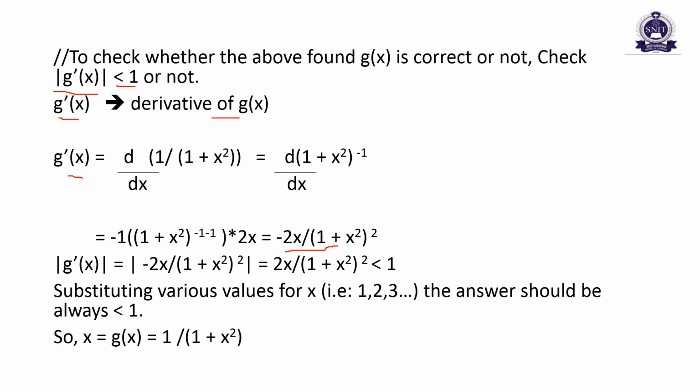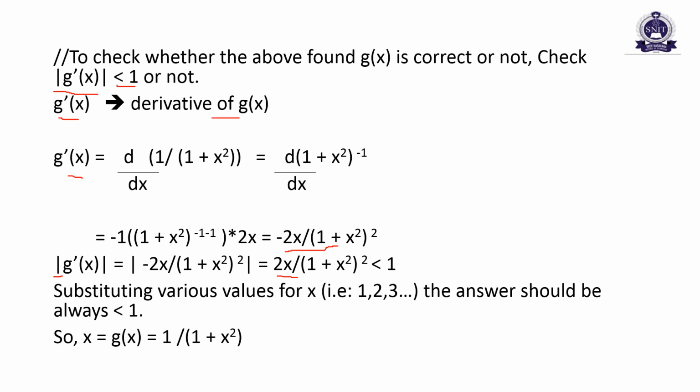Then you have to find the modulus. Modulus means you have to take the sign out. The g dash of x we got is minus 2x by (1 plus x square) the whole square. So modulus of that you will get 2x by (1 plus x square) the whole square. You have to check whether it is less than 1 or not.